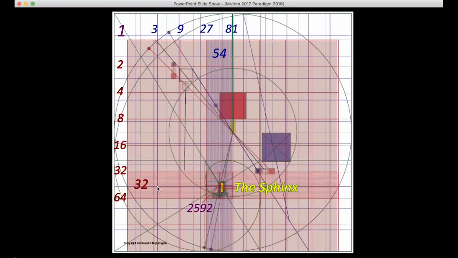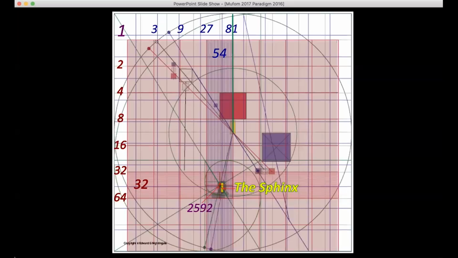So it's 48 times 54, which is 2,592, one decimal off of the precessional cycle, 25,920. Exactly. That got your attention, and anyone who understands precession recognizes that number right off the bat.